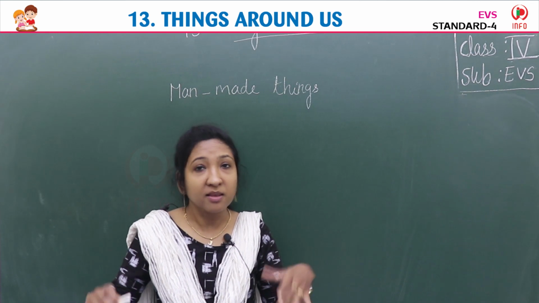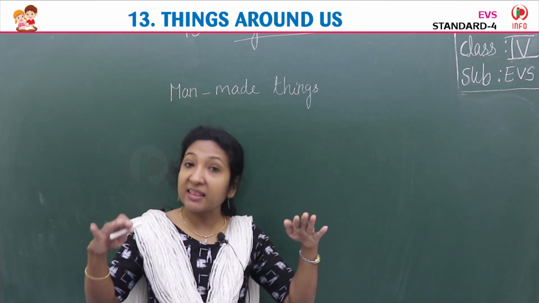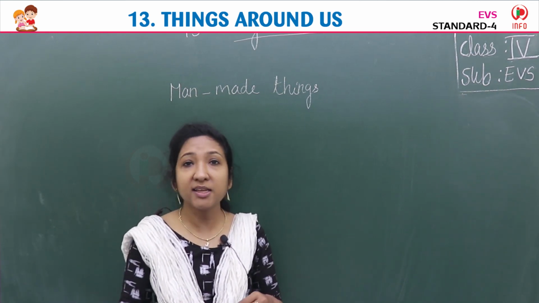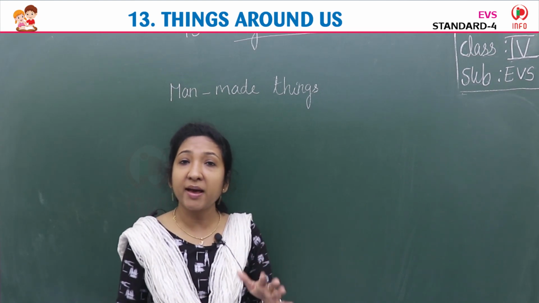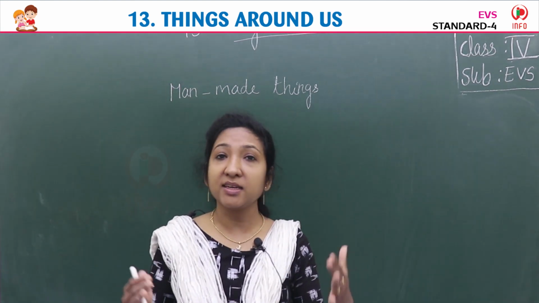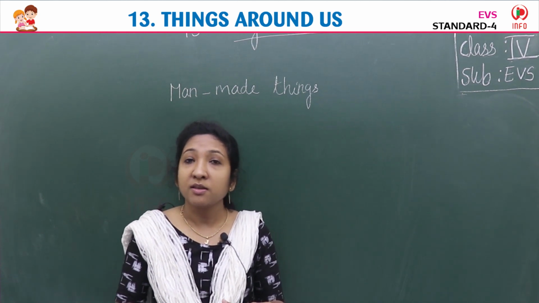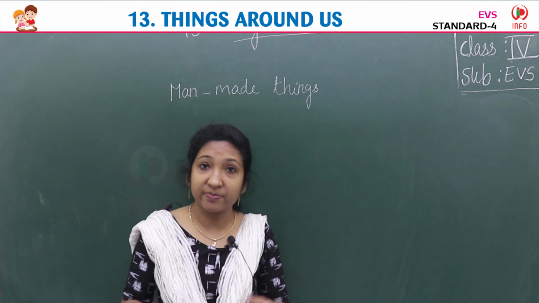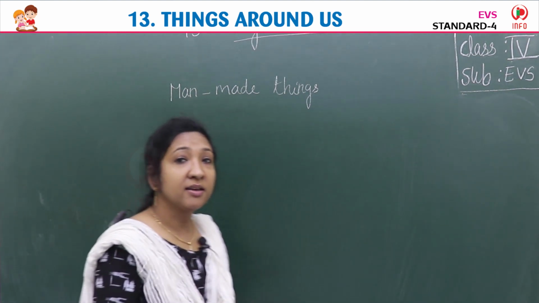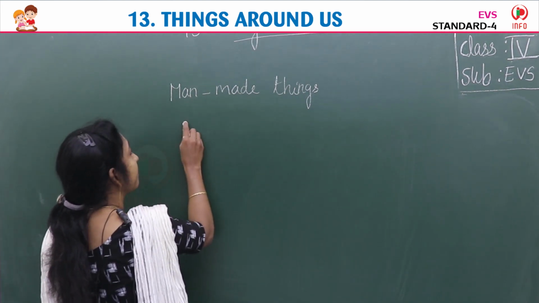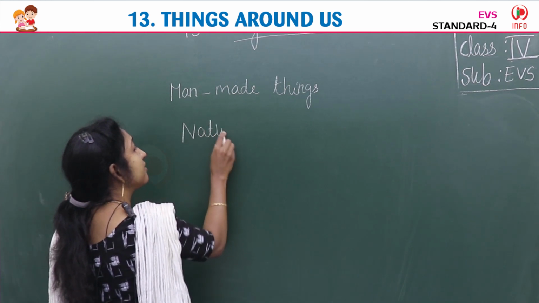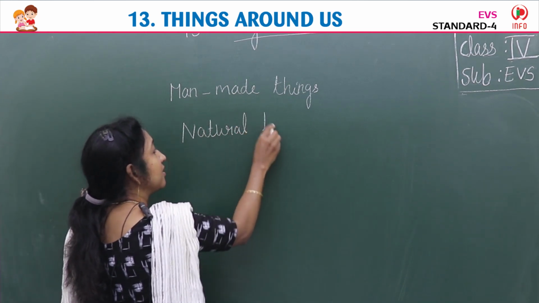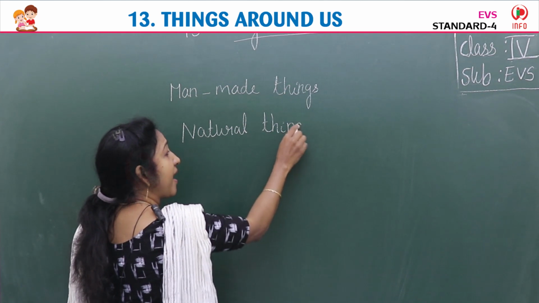They exist in nature. So the things which exist in the nature are called natural things.